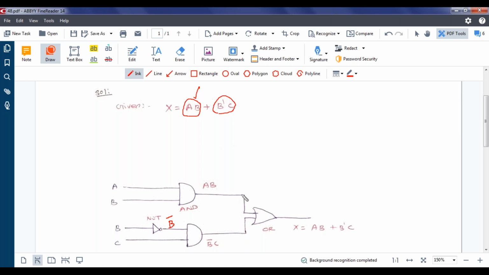Finally these two values will be given to OR gate because we are having a plus operation, I mean sum operation. That's why we are giving these two values to OR gate. Then finally come to conclusion. This is what your final answer. This is very simple. It may be asked in 2 marks or 4 marks.